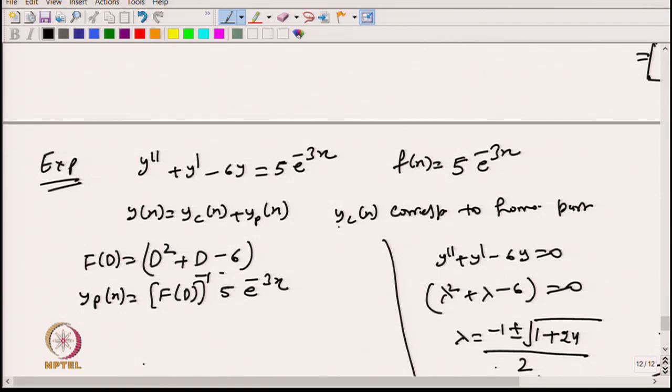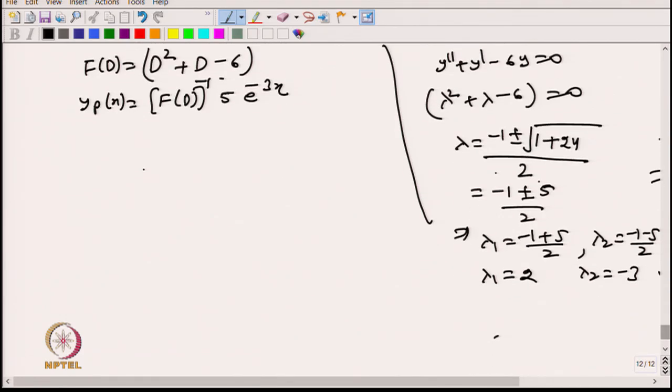Now, see what will happen if I put f of minus 3, because this is minus 3 there. I know that lambda 2 equal to minus 3 is a root of this equation. So, in this case this will be 0.